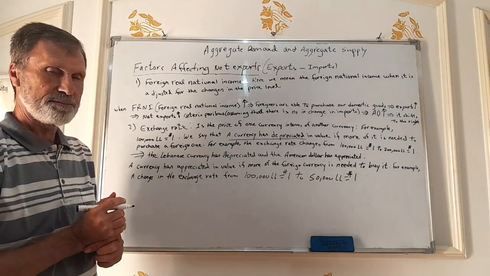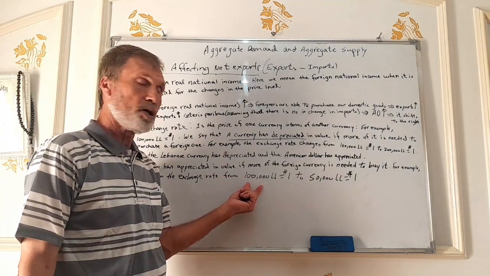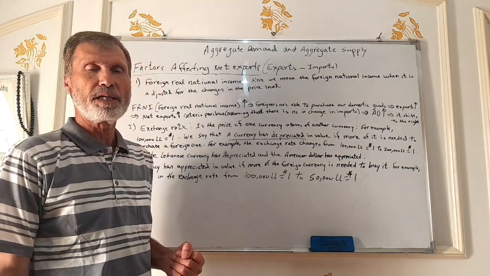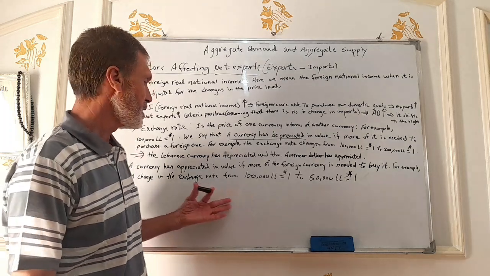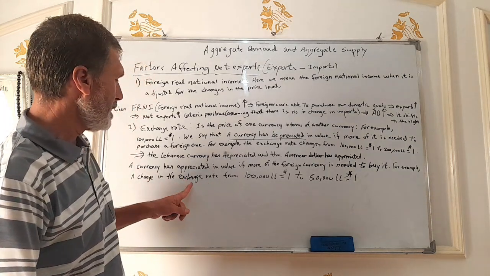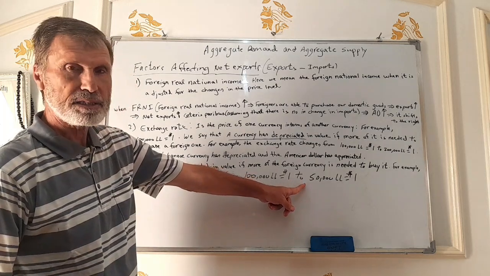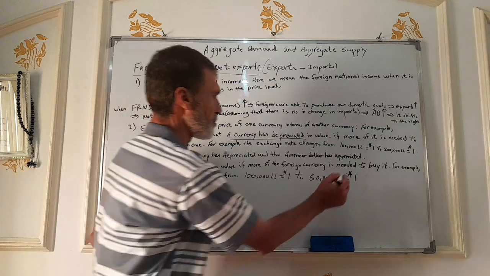So it means what? Now, instead of paying 100,000 Lebanese pound or Lebanese lira to buy $1, now you pay only 50,000 Lebanese lira to purchase a dollar. So that's why we say here that the Lebanese currency has appreciated and the dollar currency has depreciated in value, in this case over here.